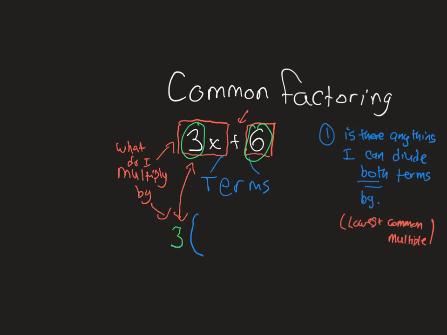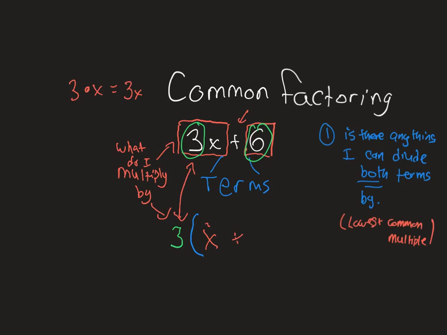Well, 3x, if I wanted to get it from 3, I'd multiply the 3 by x, because I know that 3 multiplied by x gives me 3x. Okay? Now, then I put the plus because there's nothing happening to the plus.